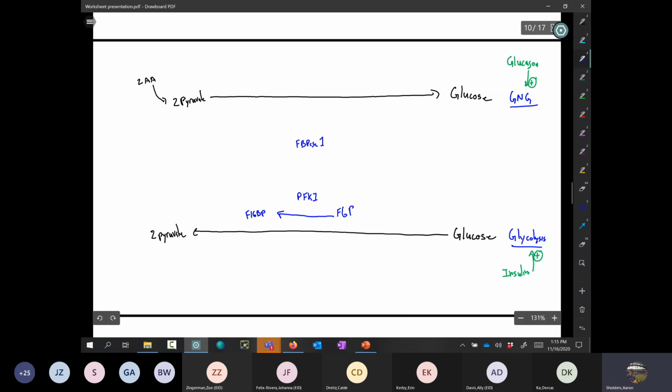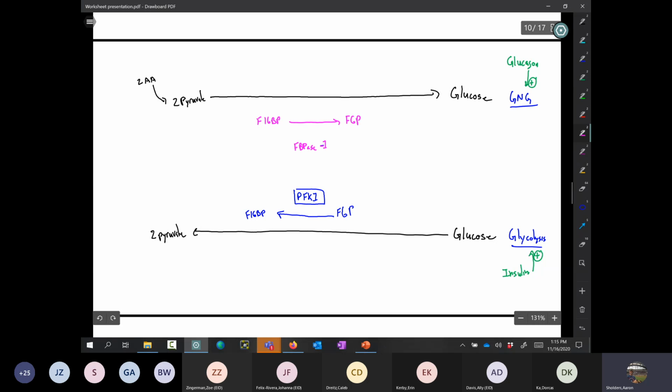Okay, and that's what PFK1 is going to do. Let me use a different color up here. This is going to be FBPase1, and what it's going to do is the opposite. Fructose 1,6-bisphosphate is going to be converted to fructose 6-phosphate.